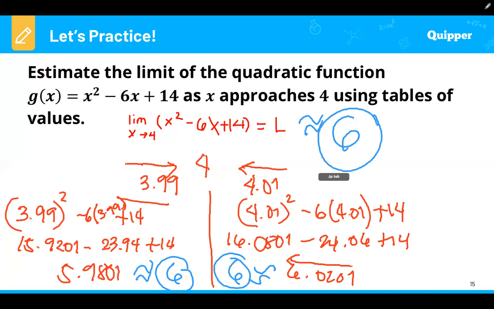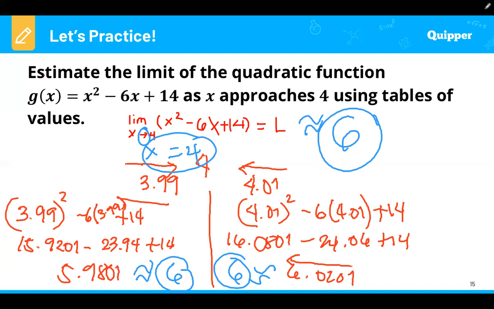As simple as that. Last time I already taught you how to solve this using the shortcut way, wherein I change the approaching symbol into an equal symbol. So if we use x equals 4, just change the values of x by 4.